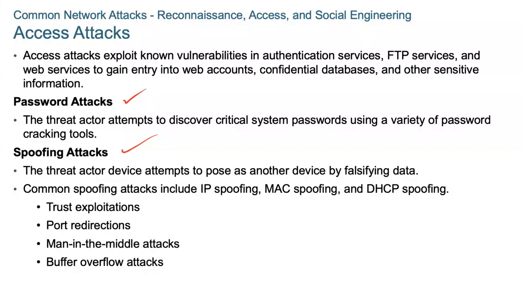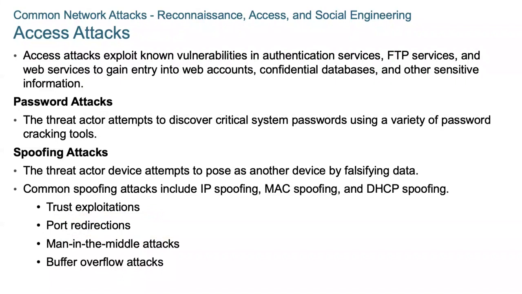In that case, the attacker can gain the MAC addresses of devices within the network, or IP addresses of your devices if the attacker is outside the network. So IP spoofing, MAC spoofing, or DHCP spoofing come under the spoofing attack. Other types of spoofing attacks are trust exploitation and port redirection, as we said.